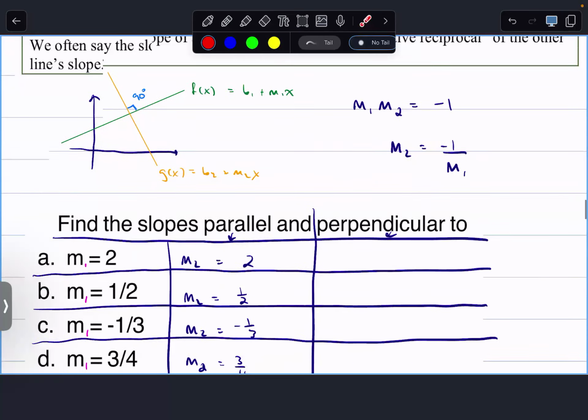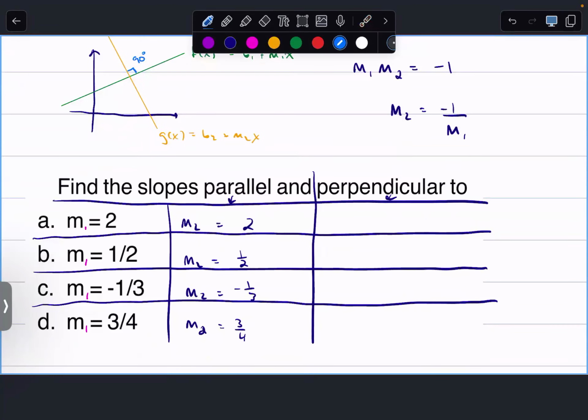Okay? And so here, M2 is -1 over M1. In this case, I am going to go straight across, which means M2 is -1 over 2. So the perpendicular slope would be -1 over 2, which makes sense if we imagine lines like this. How about the second one?